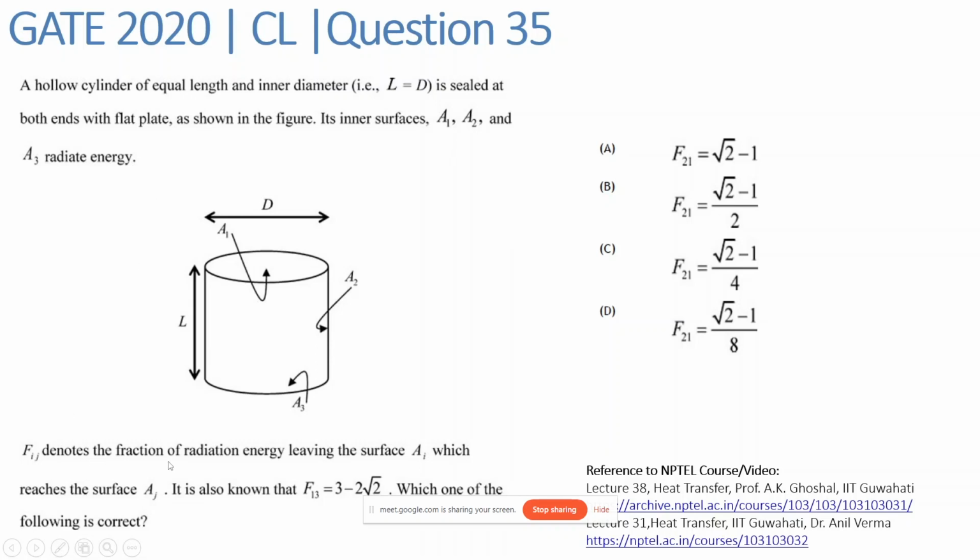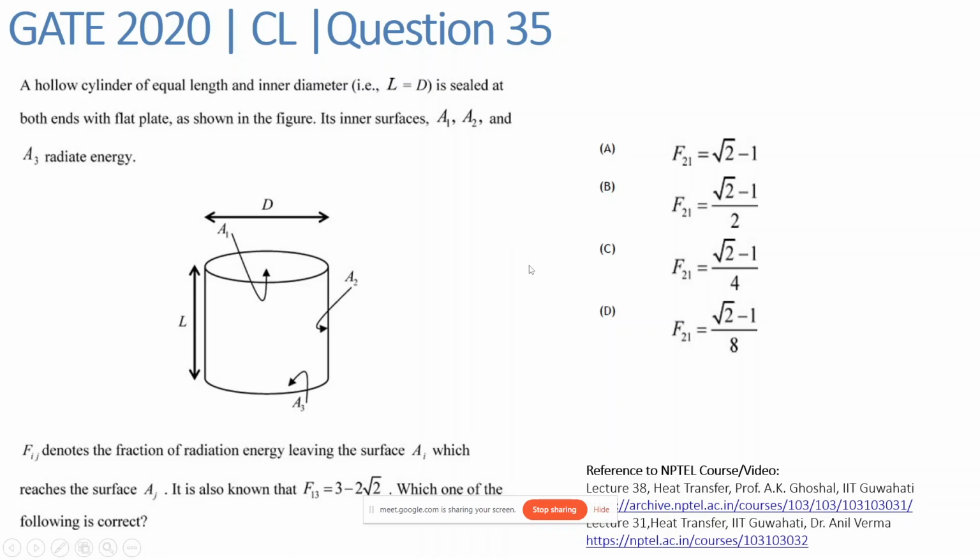Fij denotes the fraction of radiation energy leaving the surface Ai which reaches the surface Aj. It is also known that F13 is equal to 3 minus 2 root 2. Which one of the following is correct? We have been given 4 options corresponding to F21 and we have been asked to find its value.